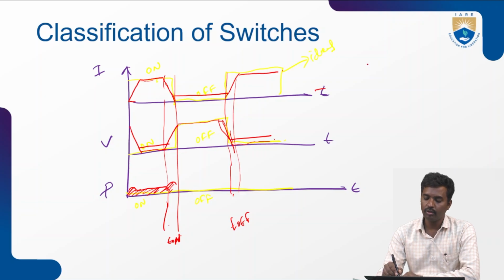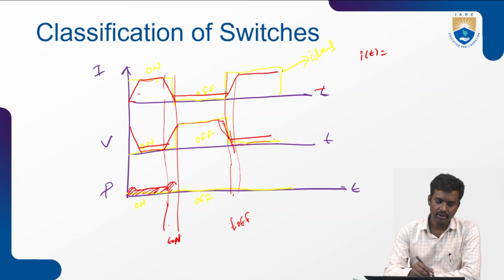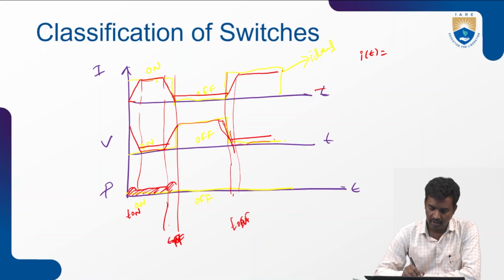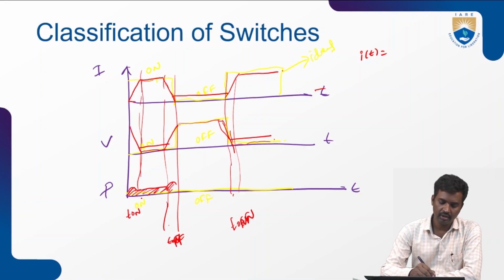So first, I of t equals to, this is T on and this is T off. So this is T on and this is T off.